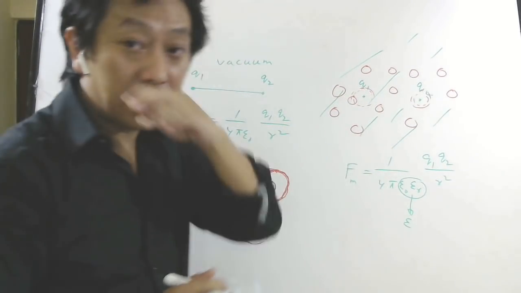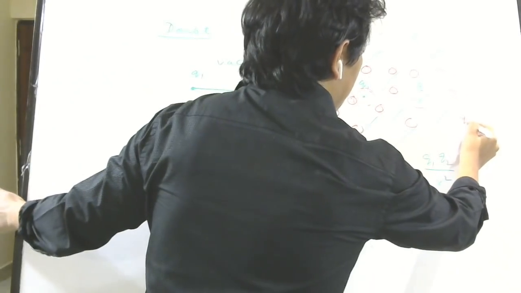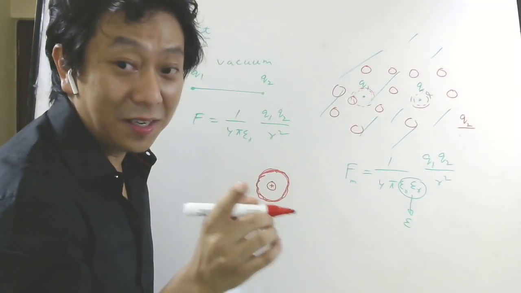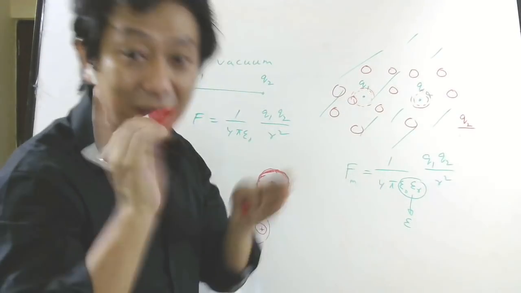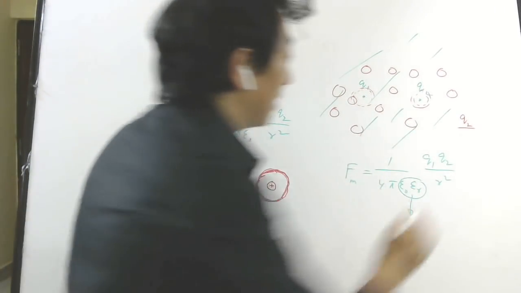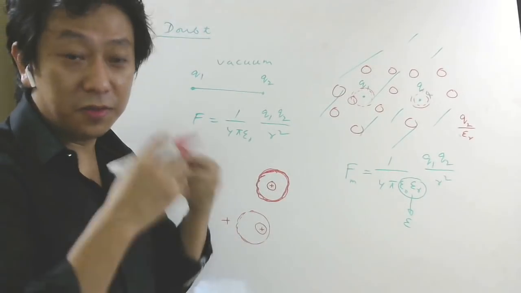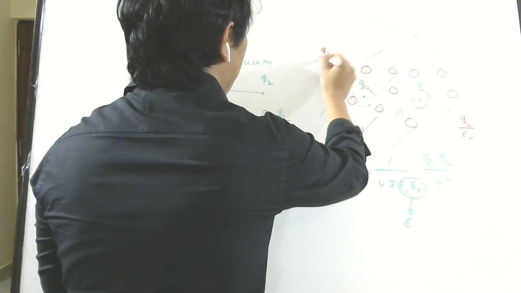So basically what happens, the charge this will see for this will slightly reduce, will be Q2 by some quantity, and that quantity, which obviously will depend on the nature of the medium, is what we call epsilon r. And similarly when this charge sees that charge, the charge will be slightly reduced.